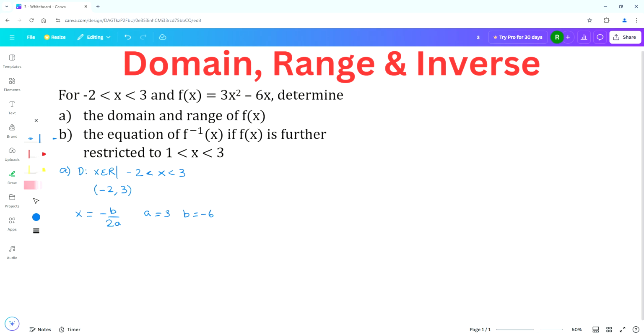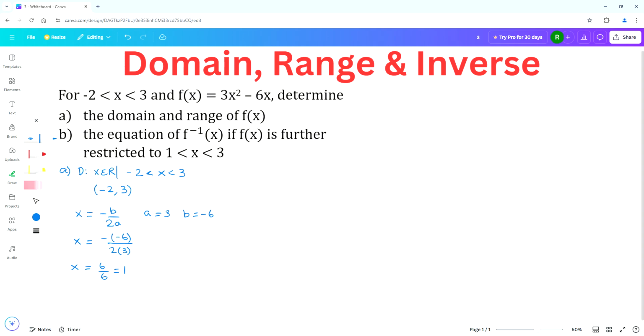We can sub in these values in the formula. Minus -6 is equal to +6. I get x equals 1. This means the vertex lies in the given domain for f(x).